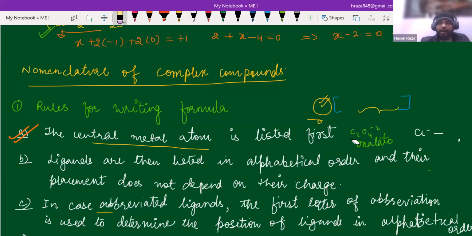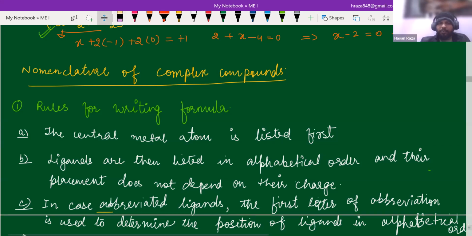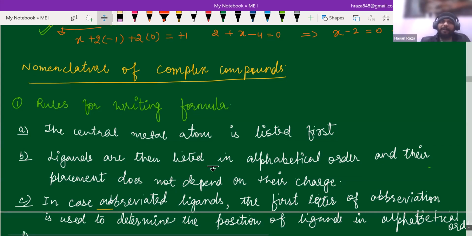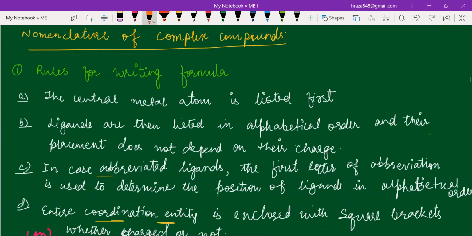Rules for writing formulas. First, you are going to list the central metal atom. First, you are going to write it, then I will explain all this. Is that clear? Yes, sir.